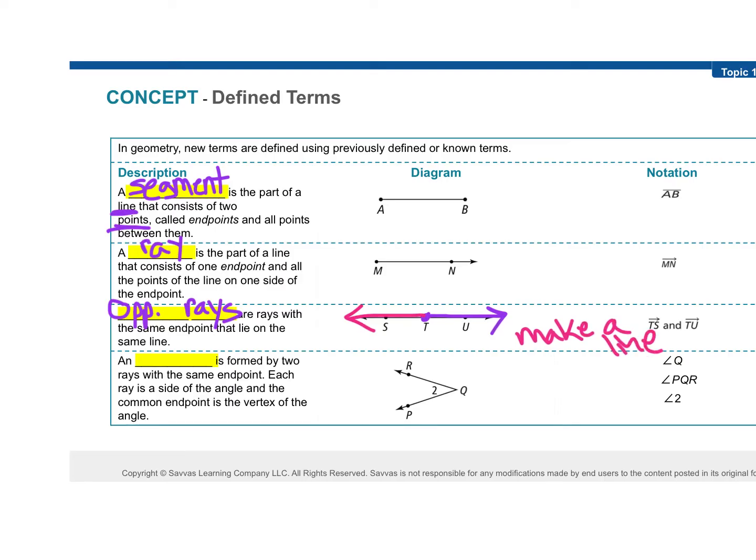And then the last one, an angle, is formed by 2 rays. Look, we have one ray here, and we have one ray here. Each ray is the side of an angle, and the common endpoint is the vertex of that angle.